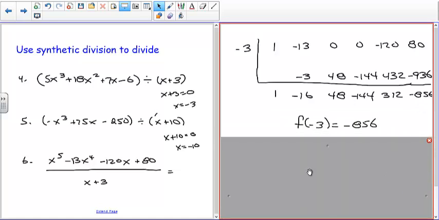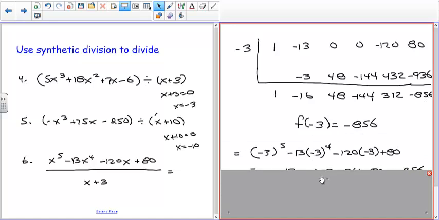One thing is the remainder is the value of the function evaluated at this value of x, which is x equals negative 3. So it should be equal to negative 856.